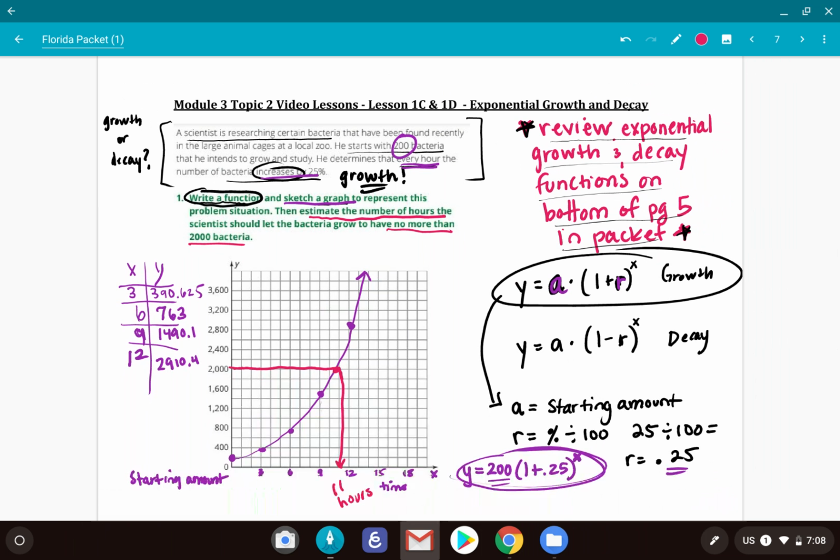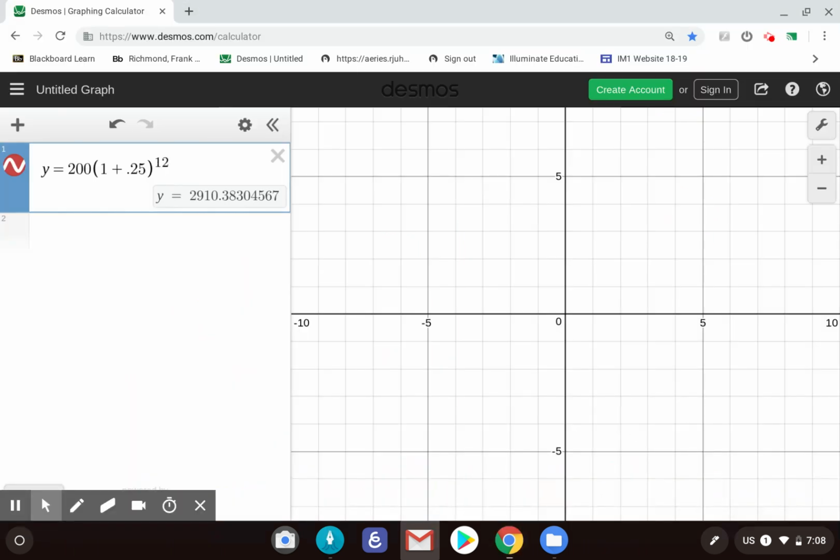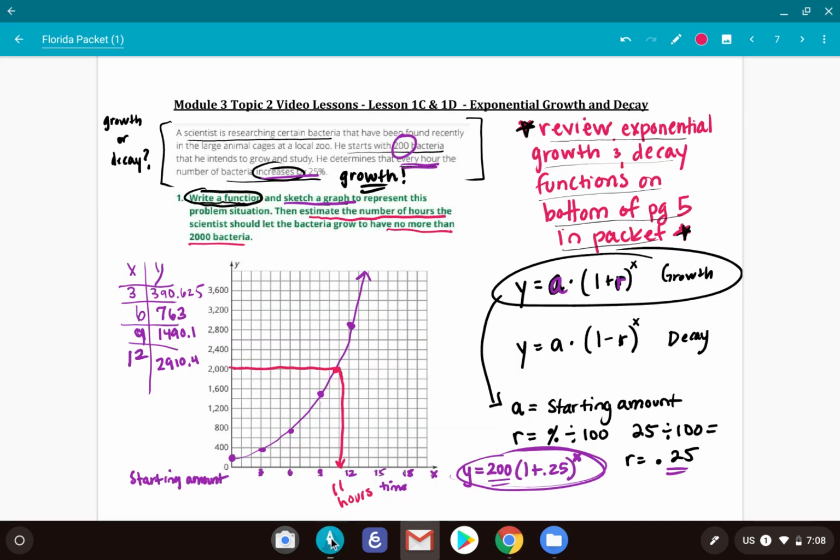So we can substitute that in right here, and we see that it's 2,328. So that's too much. So let's try a little less than that, like maybe 10 hours.